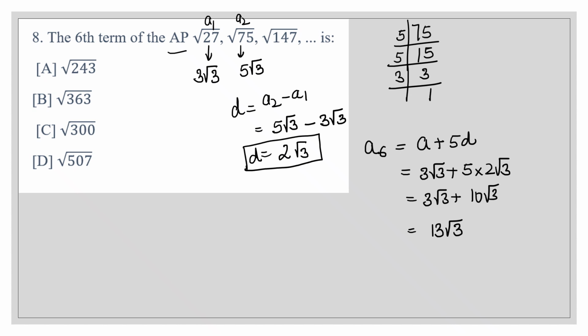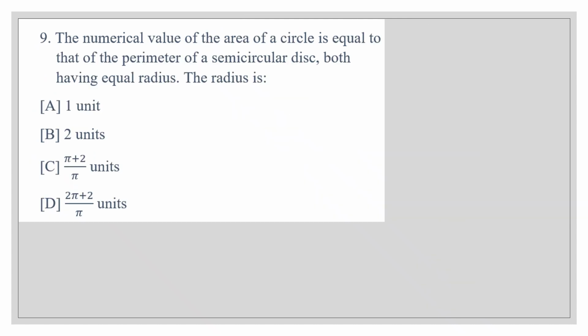So how can we send this 13 inside the root? We need to write 13 two times, that is why it comes out of the root. So 13 into 13 into 3. What is 13 into 13? 169. 169 into 3 is 507. Square root 507.